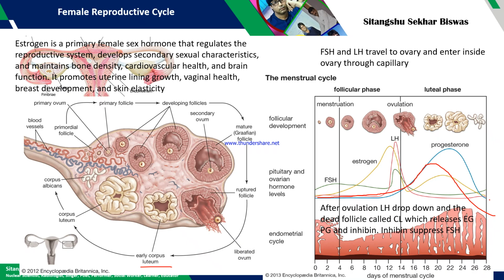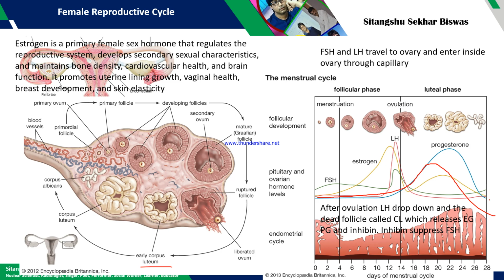Now once the follicle ruptured and the corpus luteum is formed, it will further release progesterone.